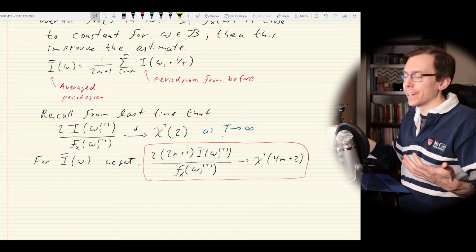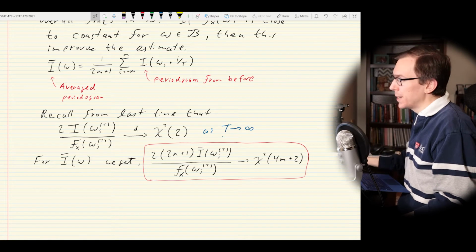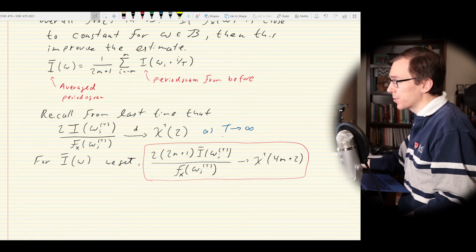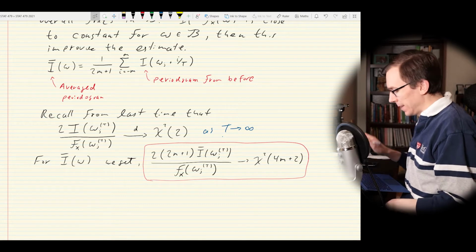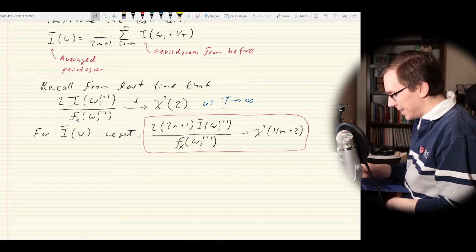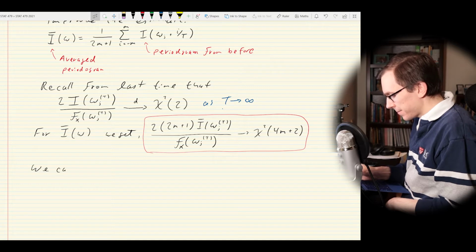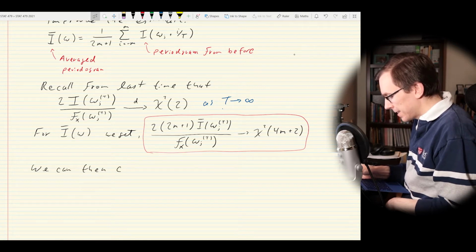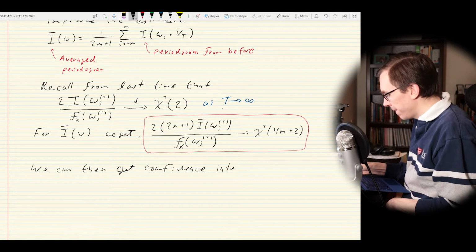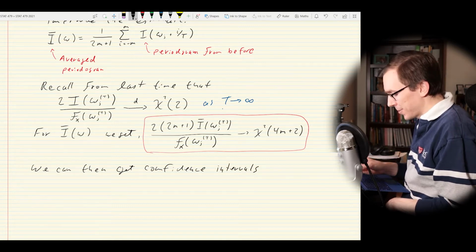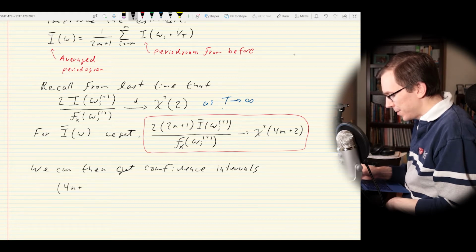And similarly, from here, we could go back to what we did in the previous lecture and construct confidence bands. Just for completeness, I'll write it out. We can then get confidence intervals, because these are pointwise, that look like, if I multiply the 2 in there, 4m plus 2 times I bar.